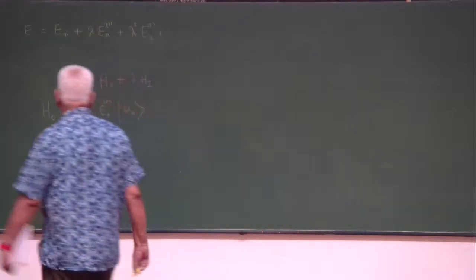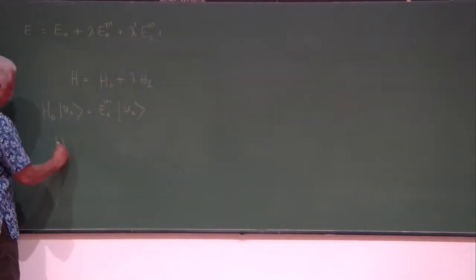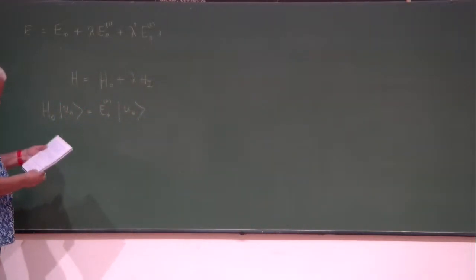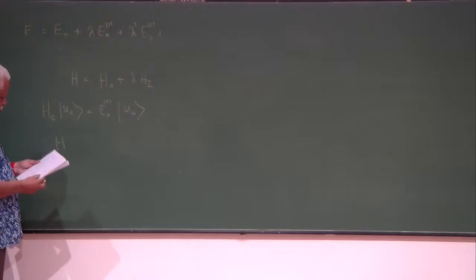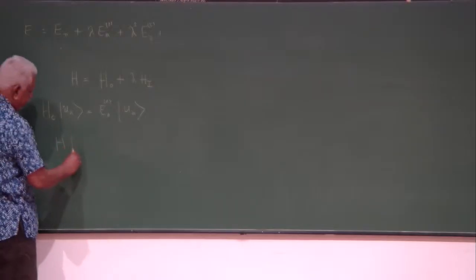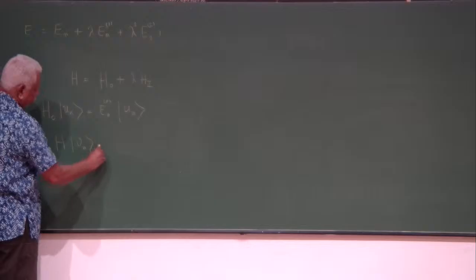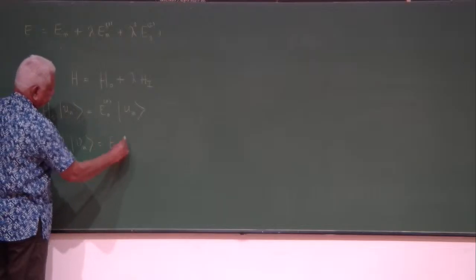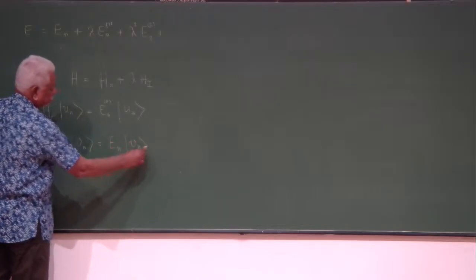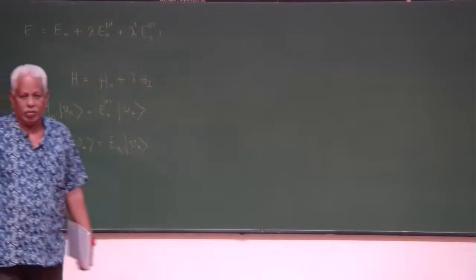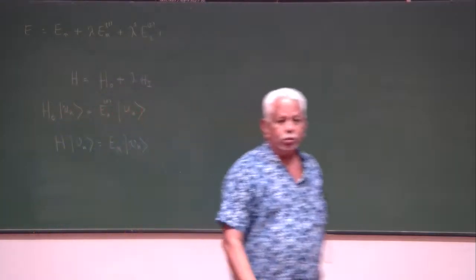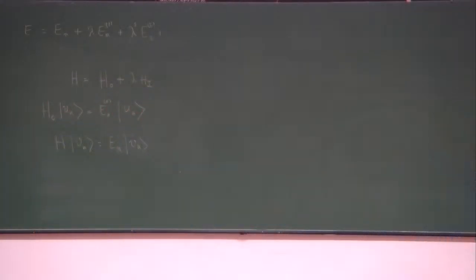Now what is it we want to find out? We want to find out H Vn is En Vn. I will call the eigenfunction Vn. Vn to the lowest order will definitely be Un, because when I drop all powers of lambda, that's what you expect.